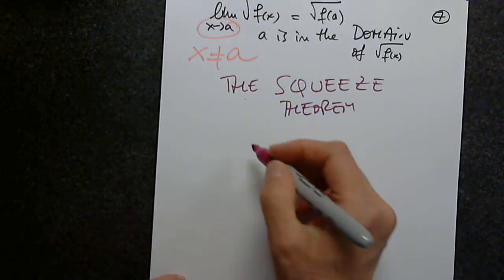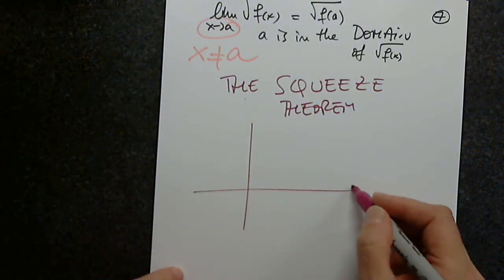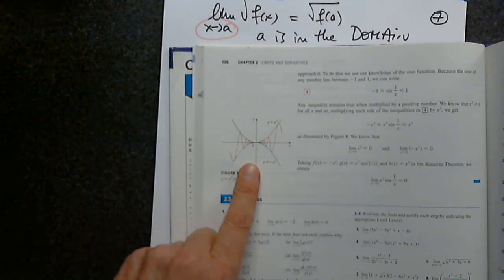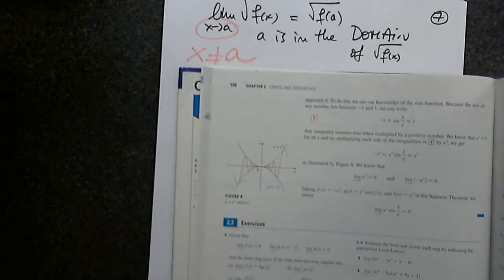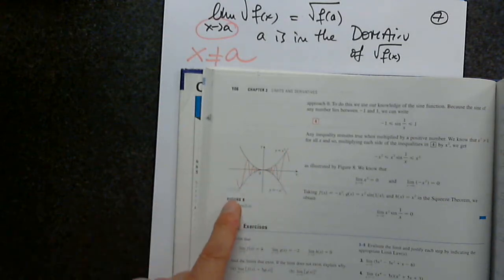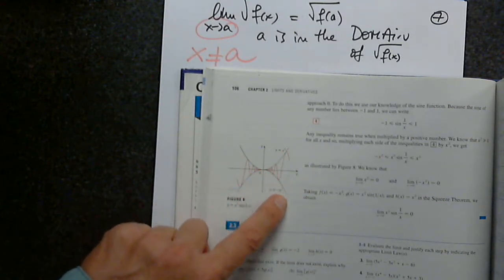So let's say we have this scenario. Actually, I like the graph in the book, so I'm going to just show you directly the graph in the book. As you see, this is a function, x squared. This is another function, negative x squared.